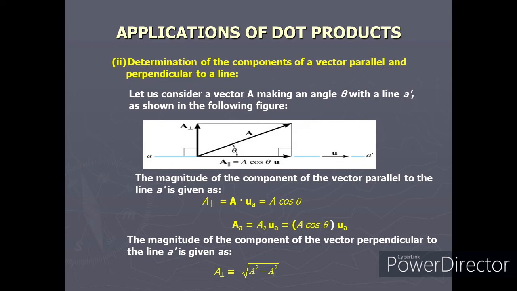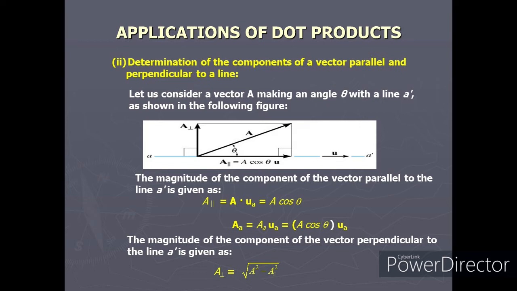So it's just like you have A and the unit vector, and the angle between them is theta. So A dot UA is this A cos theta, from the definition of dot product.